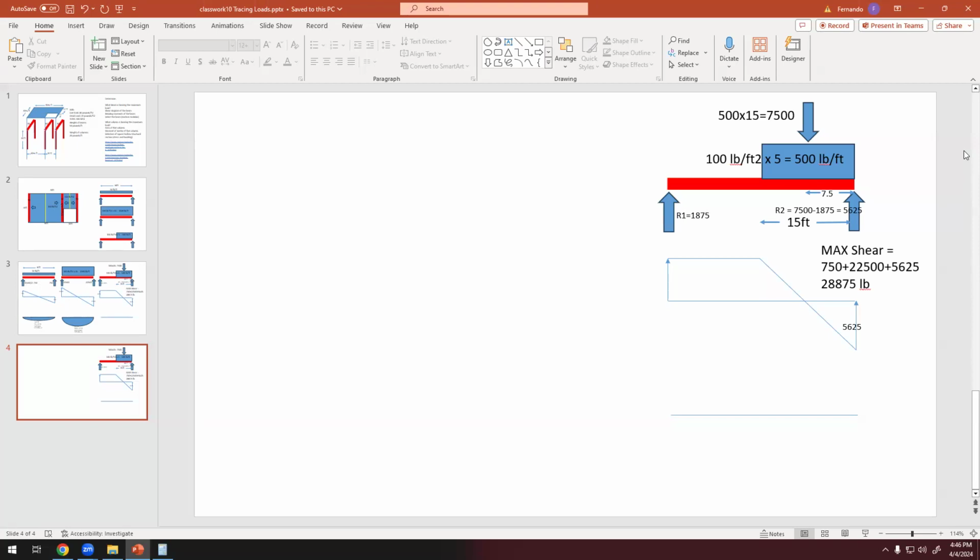But we can find out, okay? So I'm going to do it at different points so that we understand what we are doing here. So we have to copy this. And I'm going to cut this beam right here, at 15 feet.